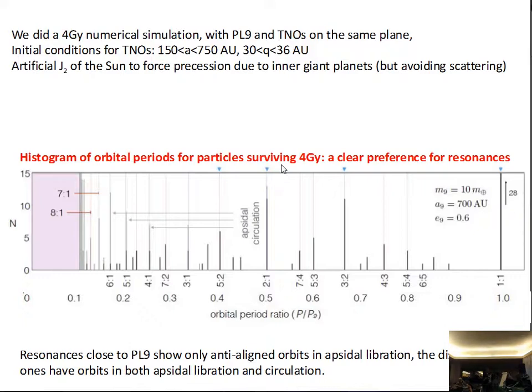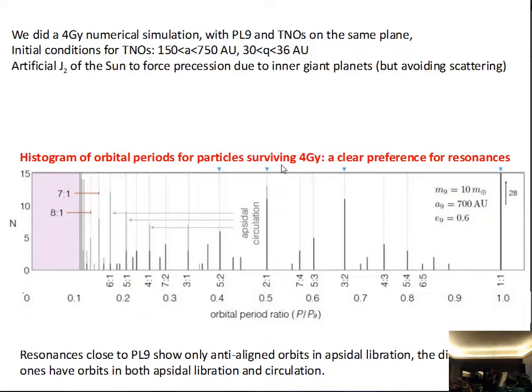And the histogram down here shows the semi-major axis of all the particles that survive for 4 billion years. So as you can see, the semi-major axes are not randomly distributed. This histogram is actually made of distinct lines, each line corresponding to a mean-motion resonance with Planet 9. So only bodies in mean-motion resonances do survive for the age of the solar system.